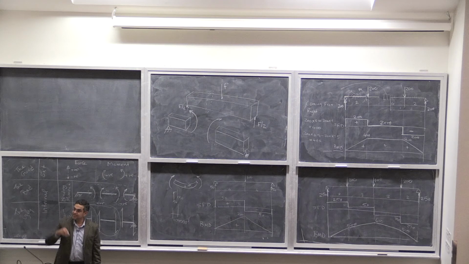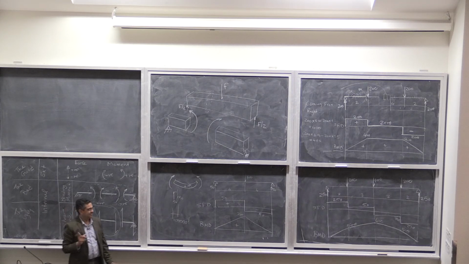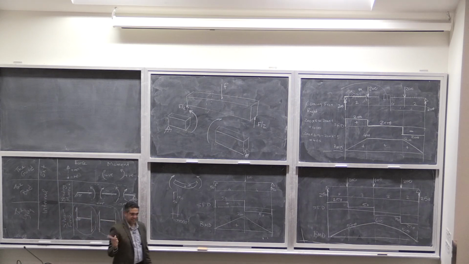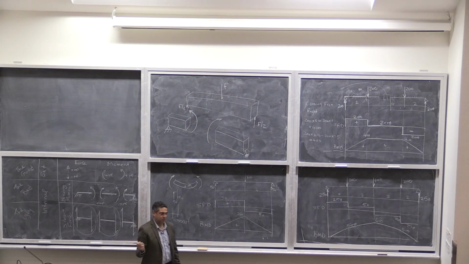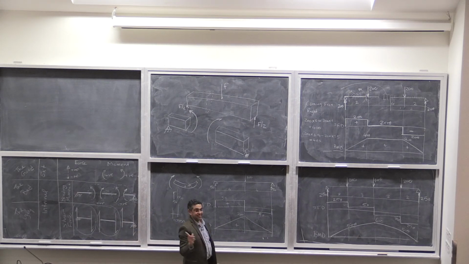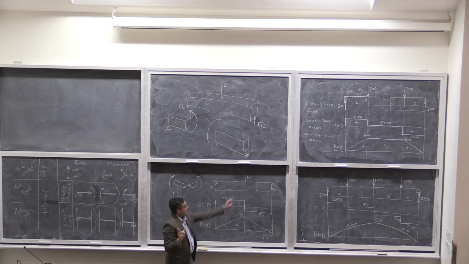How did we find it? Someone could use derivatives, where the force is the derivative of the moment, but that's a little bit early. I think we will do that tomorrow. What I did is that I added this to that and this to that.